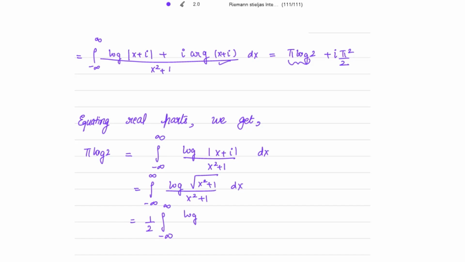This is the rule that the power goes to the front of the log. So this is half of log of (x squared plus 1), and I have taken this half outside of the integral. Now, is this an even function or odd function? Yes, this is a completely even function. So this can be written as twice the integral from 0 to infinity.